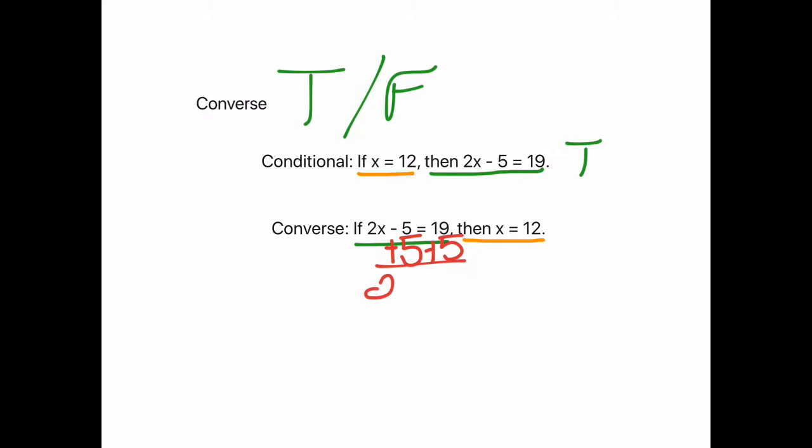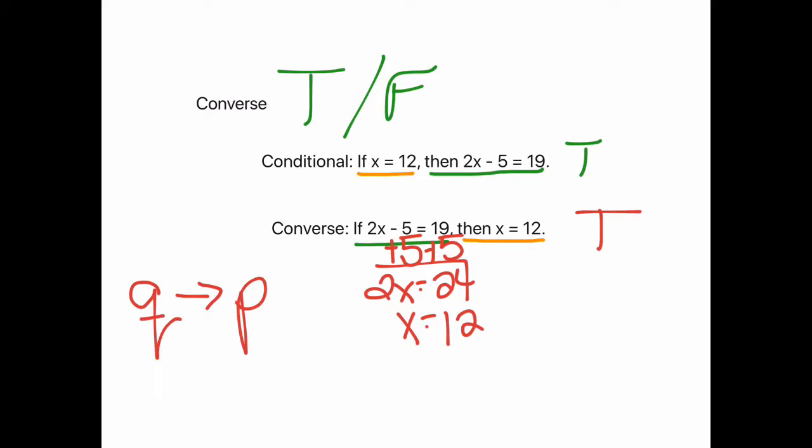And what you'll find out is that, yes, that is true. X does equal 12. So the converse is also true. Now, in geometry, again, we like to use symbols. For a converse, it's if Q, then P, which is the opposite of the conditional statement. Conditionals were if P, then Q. Converse flips it around, if Q, then P.